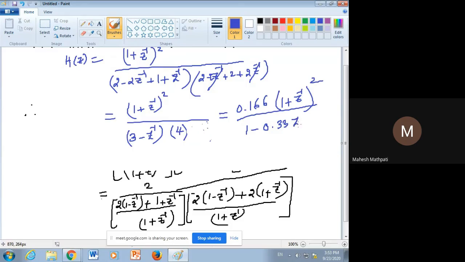Right? So this is the final answer. This is the way we convert an analog system to a digital system by using bilinear transformation.